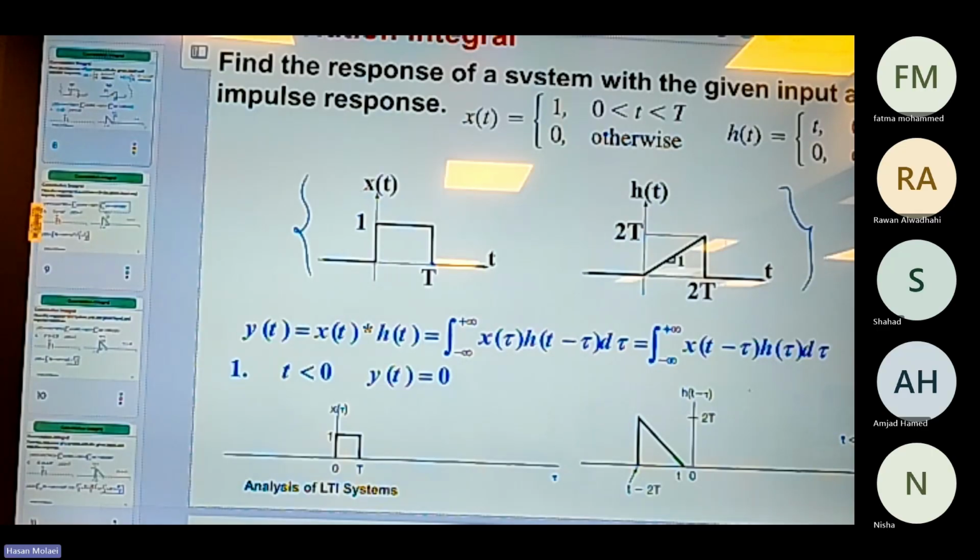After that, you should find t minus tau. If you take tau, your independent variable is tau, not in that limit.